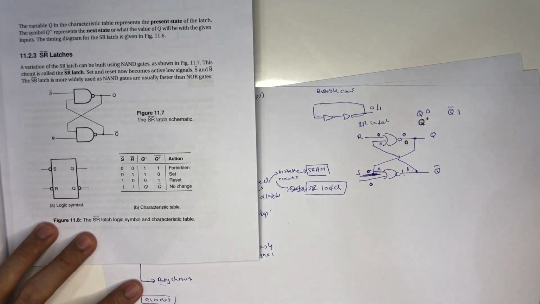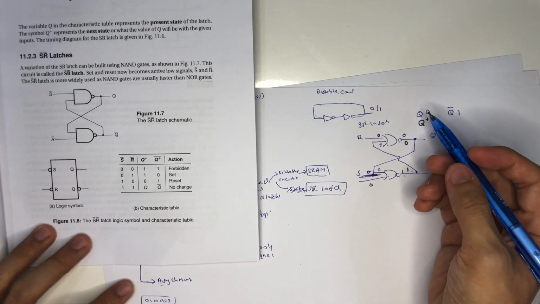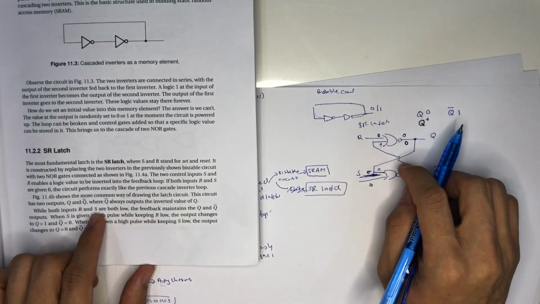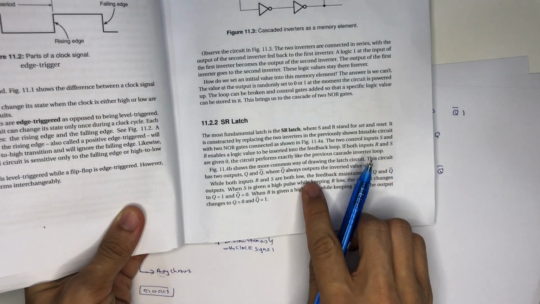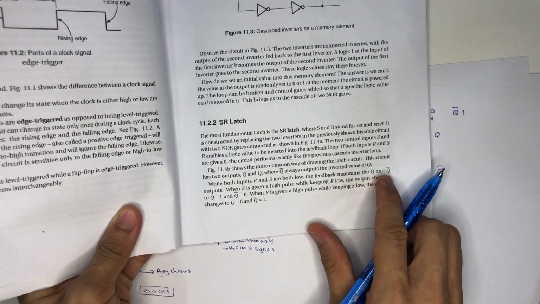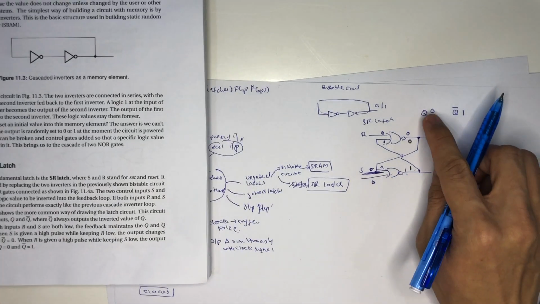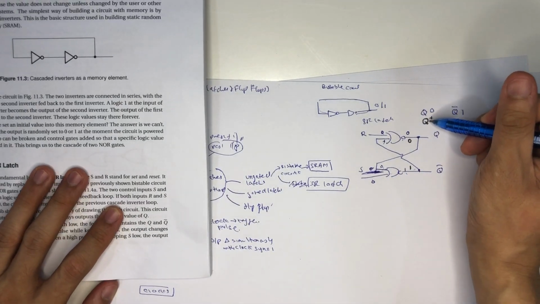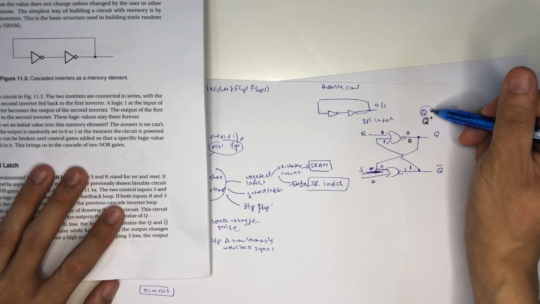You can see when you set S and R both 0, just like what the book says, the feedback maintains the Q and Q bar. It maintains the previous output; the future output will maintain the value of the previous output, Q plus.